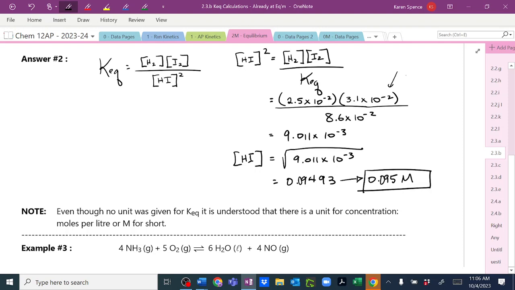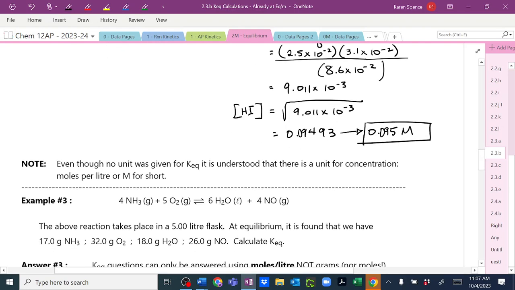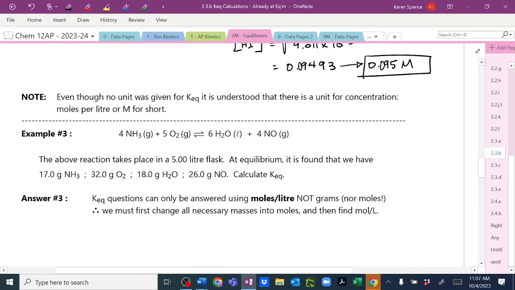If you've got a molarity at the end, you need to write molar in your answer, and that's it. It doesn't matter because there's nothing else down here. So you could if you wanted to, but you don't have to. In fact, if it weren't so awkward, you don't even need them on the top part. You could do 2.5 times 10 to the minus 2 times 3.1 times 10 to the minus 2, but if you don't use the brackets, it starts to look really ugly, right? So can you guys try the next one?